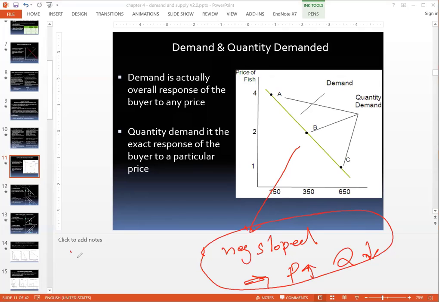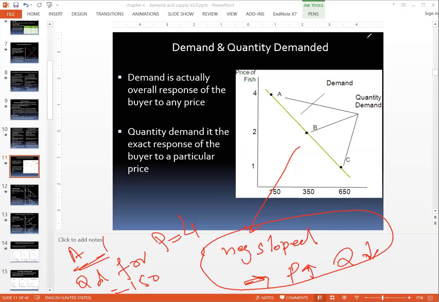Point A is telling us the quantity demanded for price equal to 4, and quantity demanded is 150. So a particular point will give us an answer, and we call that quantity demanded, and the line will give us a behavior, and we call it an inverse behavior.